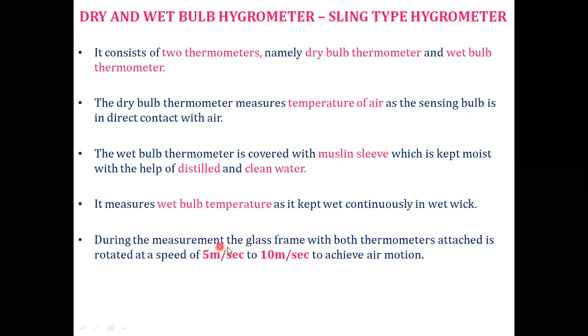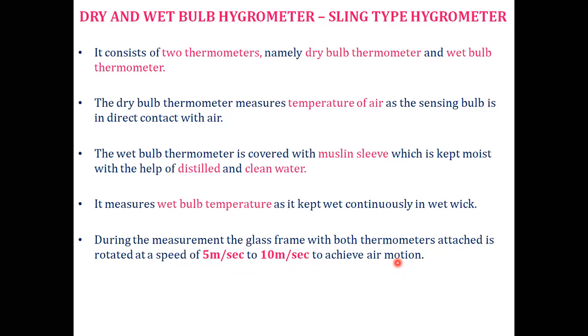During the measurement, the glass frame with both the thermometers attached is rotated at a speed of 5 meters per second to 10 meters per second to achieve air motion. Some motion is created for these two bulbs.